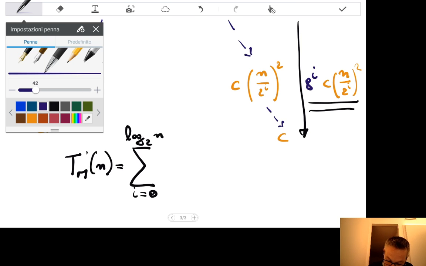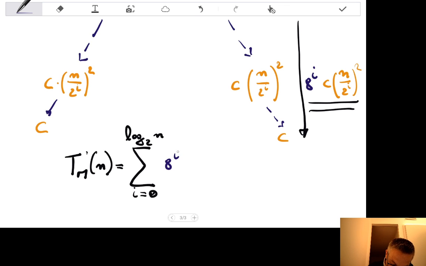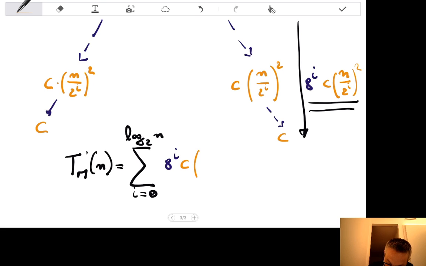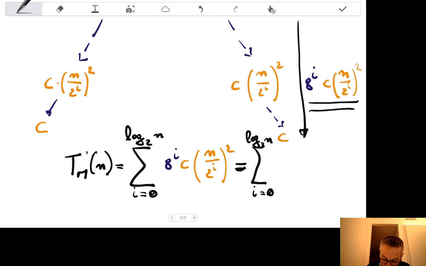I need to sum up 8 to the I multiplied by c times n divided by 2 to the power of I, squared, which is basically equal to the sum for I from 0 to logarithm base 2 of n.